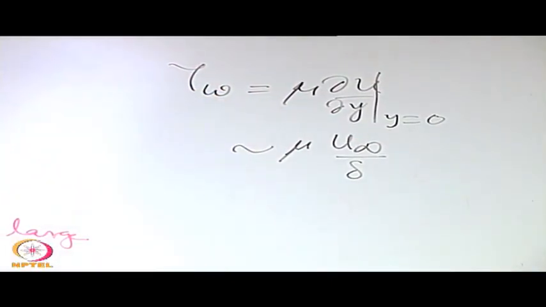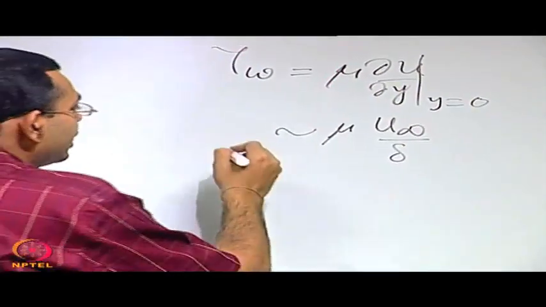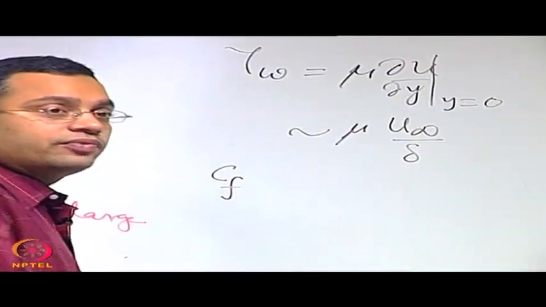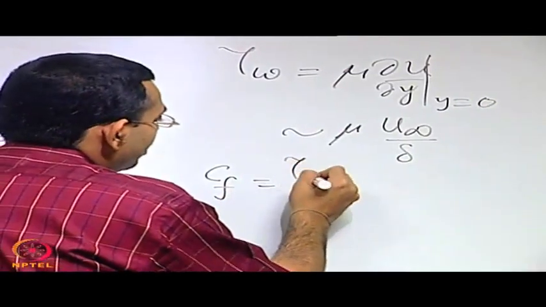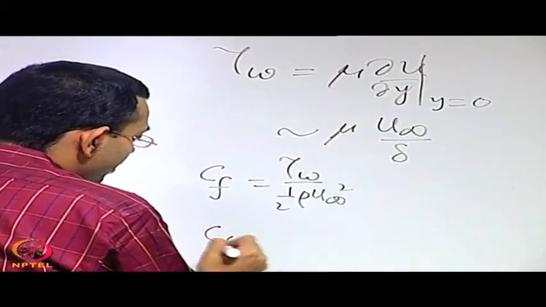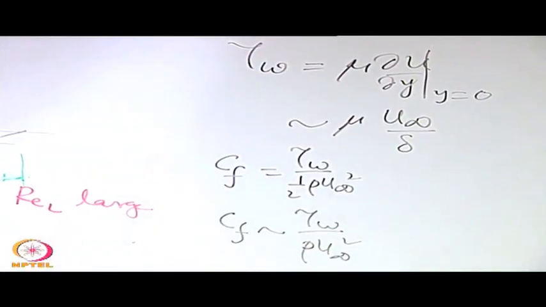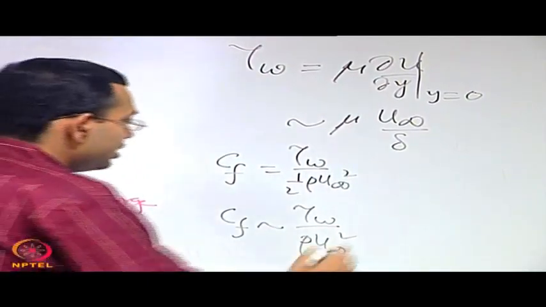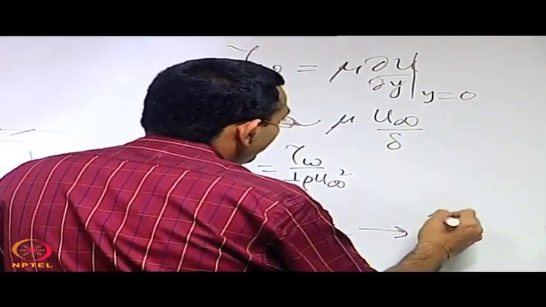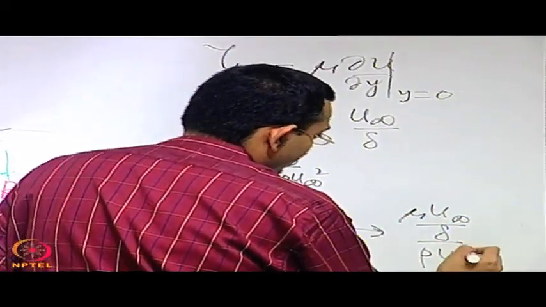We have seen it earlier in an example when dealing with the Navier-Stokes equation, that is the friction coefficient Cf, tau wall by half rho u infinity square. So the order of Cf is tau wall by rho u infinity square, forget about the half because of the order. So that means this is mu u infinity by delta by rho u infinity square.